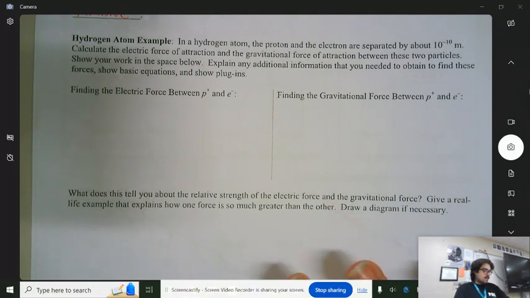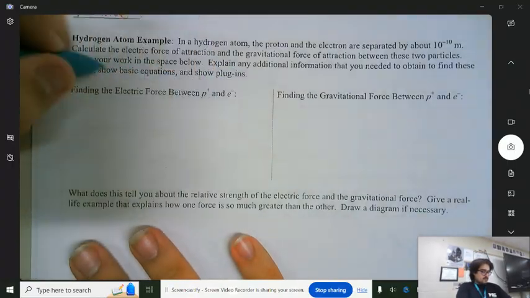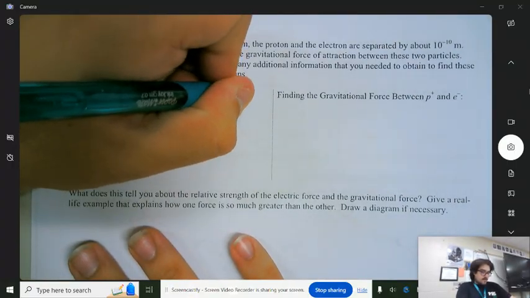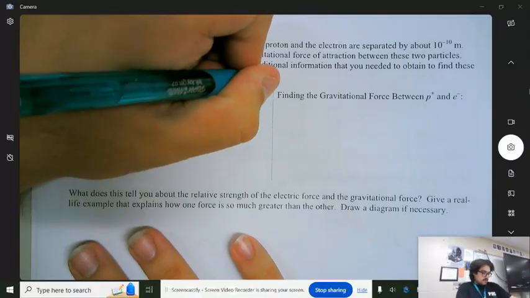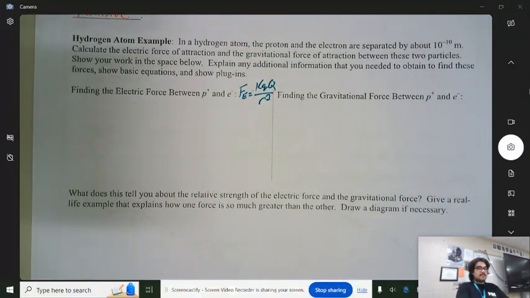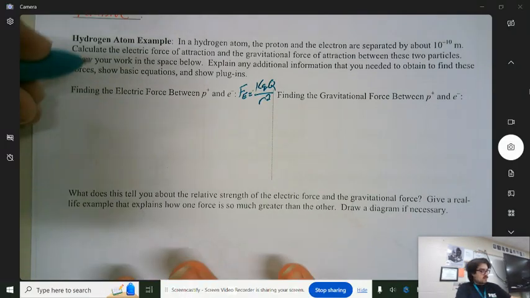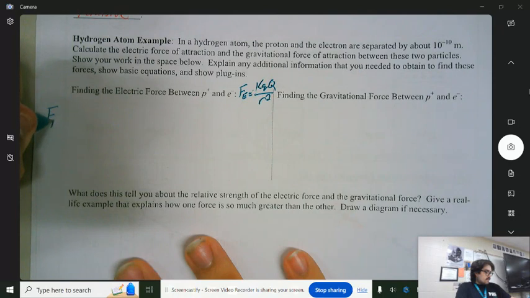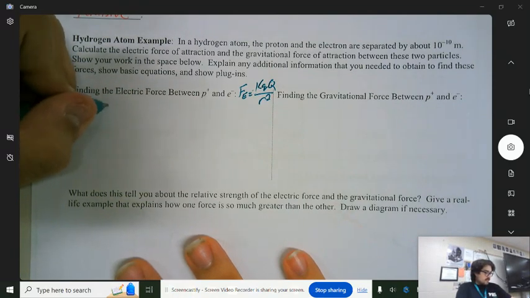Really quickly, we already know that the electric force, which we wrote above earlier, is K little q big Q over r squared. So all we need to do is solve the electric force between a proton and an electron. That would be the electric force equal to K, which is 9 times 10 to the 9th.